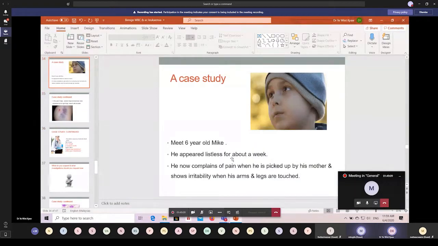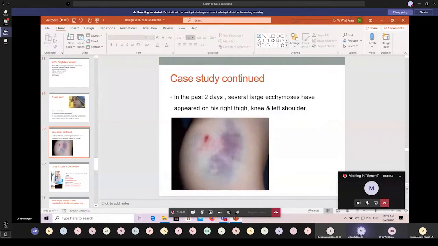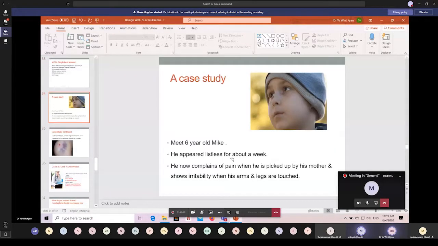How to interpret? Question: interpret what this is from this one. What is the key point? How do you pick the key point for diagnosis?